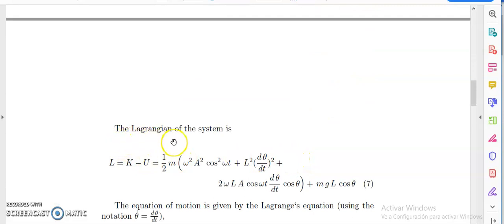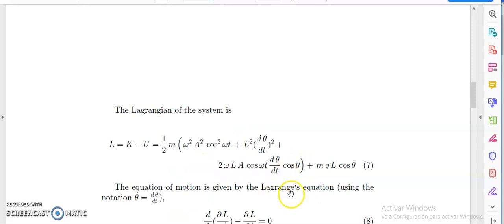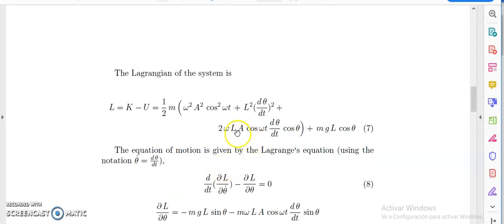Therefore, the Lagrangian of the system, which is equal to kinetic energy minus potential energy, will be all these nice terms.